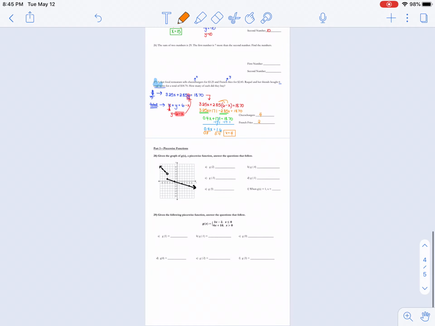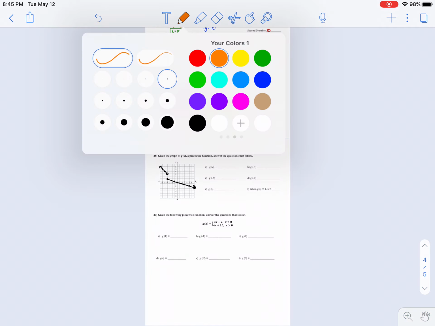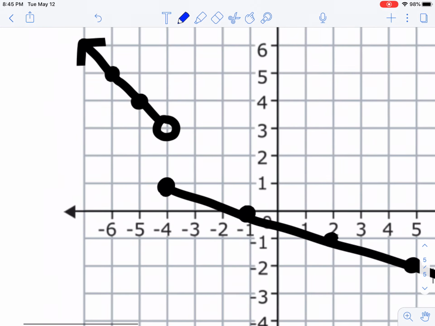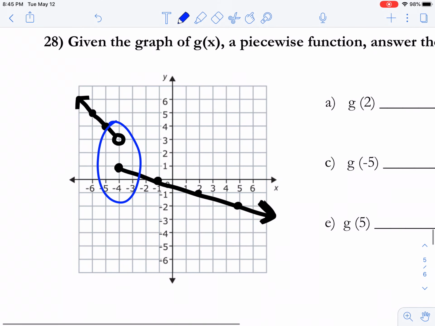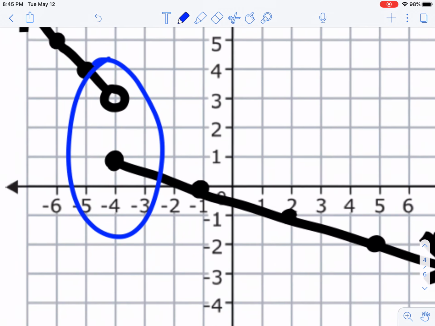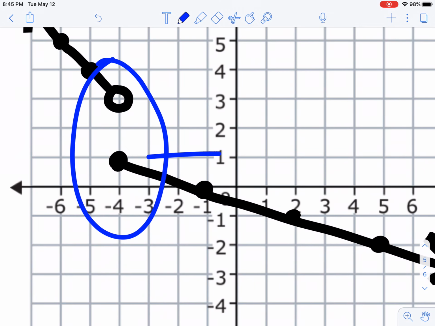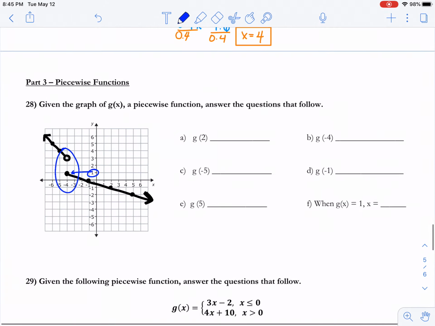In terms of the piecewise, just really quickly, one of the biggest things to keep in mind is for these breaks, you always go to the filled in circle, right? So the one that says g of -4, the answer is going to be 1 because that's where the circle is filled in.